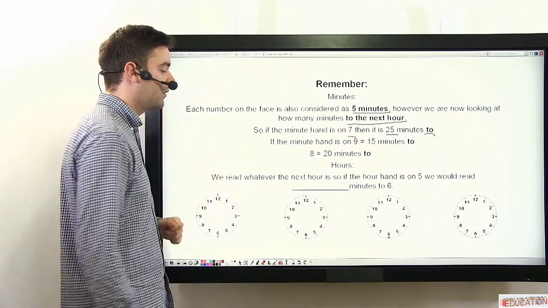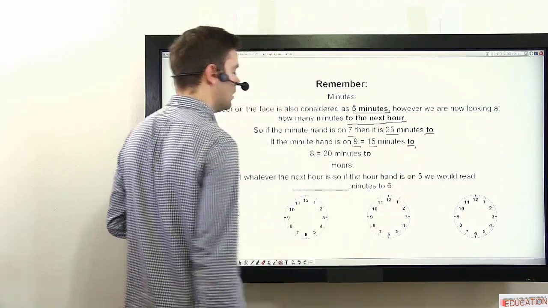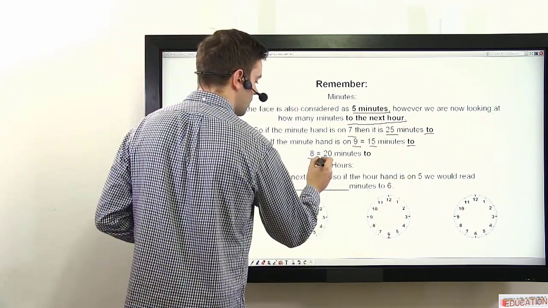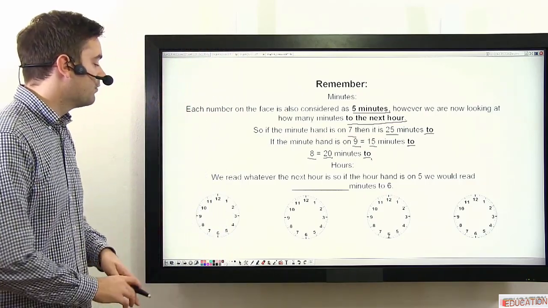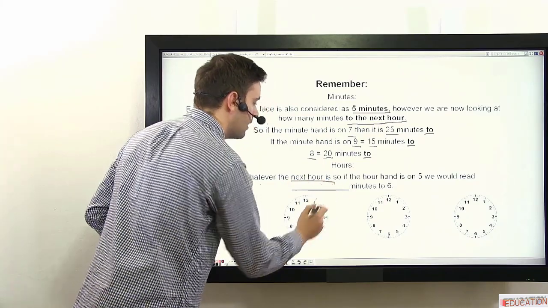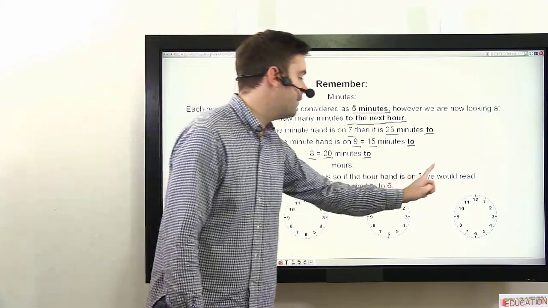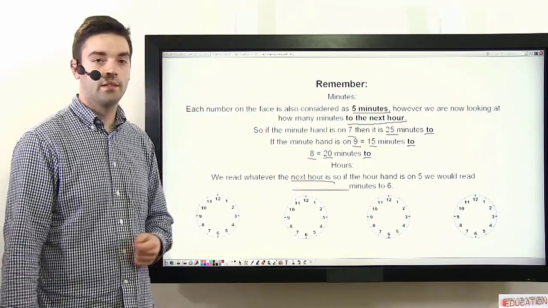If the minute hand is on 9, it's 15 minutes to. If it's on 8, 20 minutes to. We also read whatever the next hour is. So if the hour hand is on 5, we would read minutes to 6.